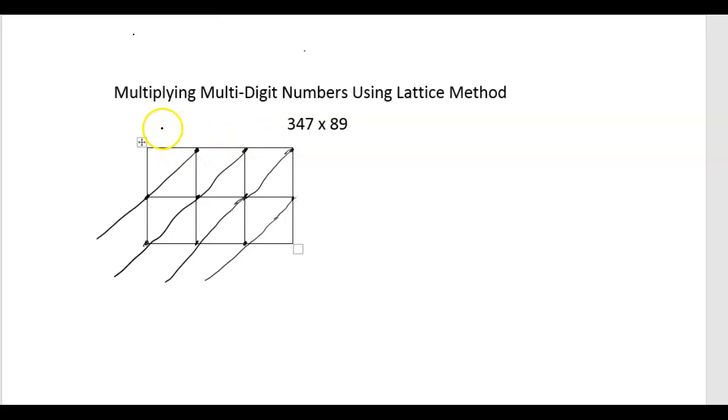Instead, I am going to separate them into digits. So I have my 3, 4, and 7. If you notice, my digits are written within the space, not on the line. I would write my 89 here as 8 and 9.